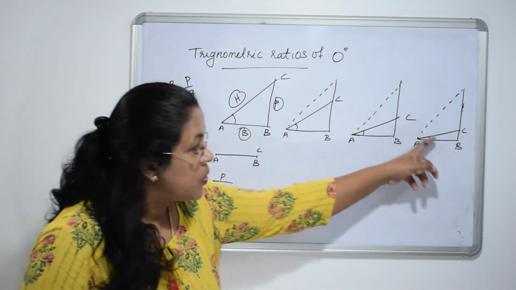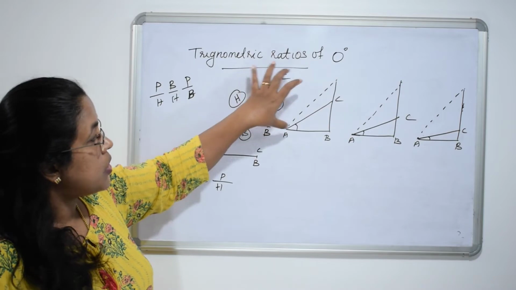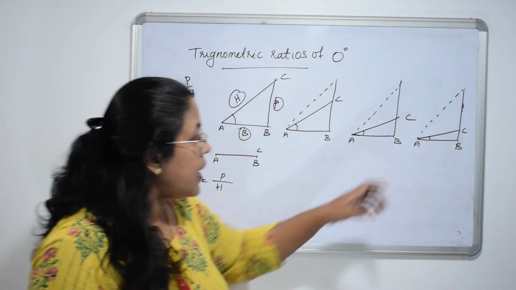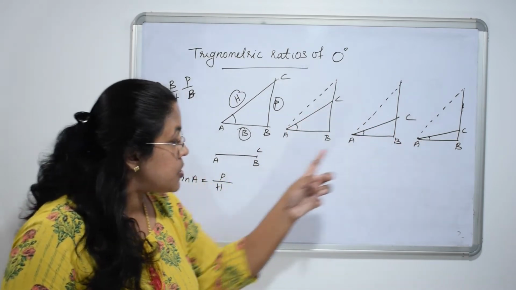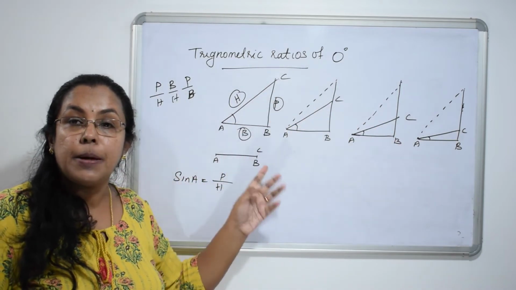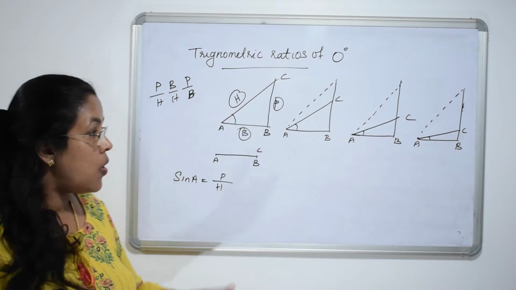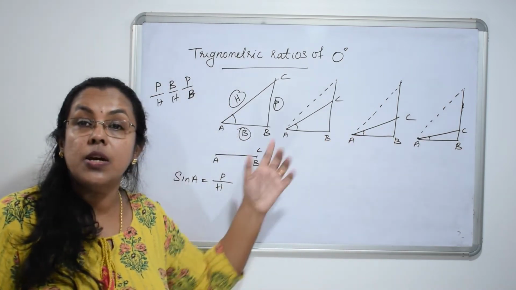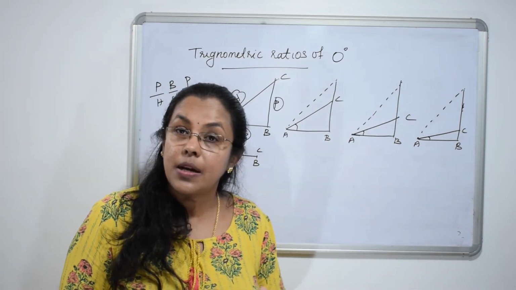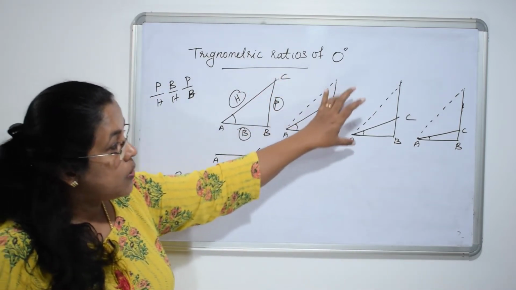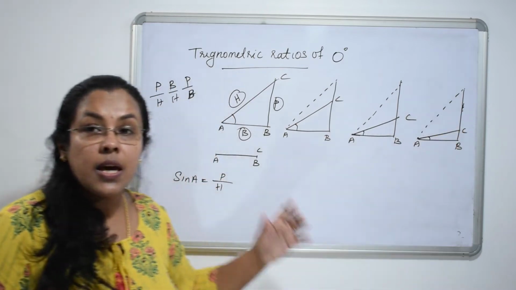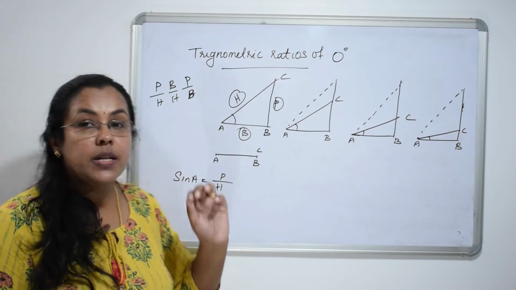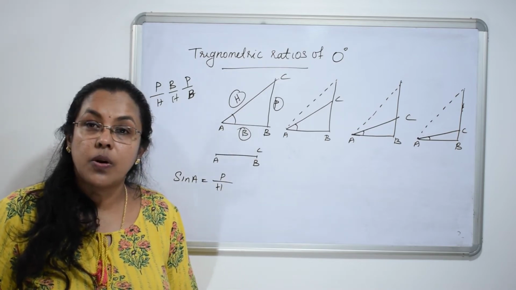When the angle reduces to 0, the height of the perpendicular reduces continuously and finally it becomes 0, or AC coincides with AB. Clear?